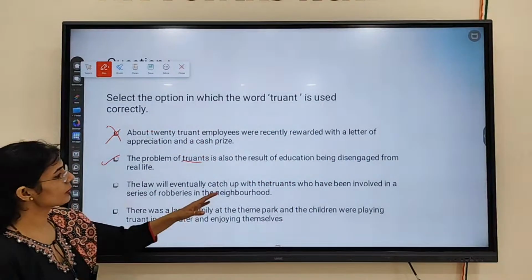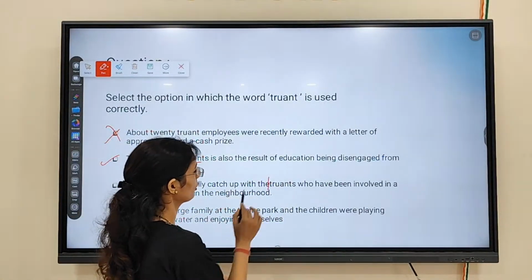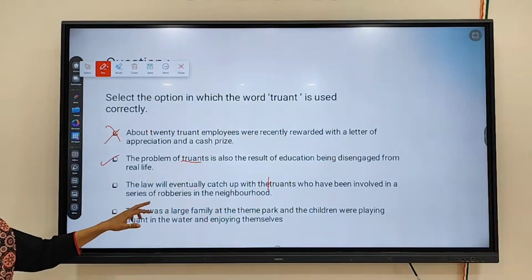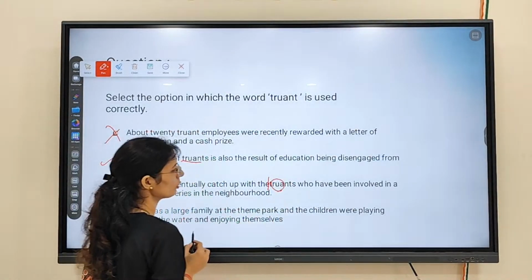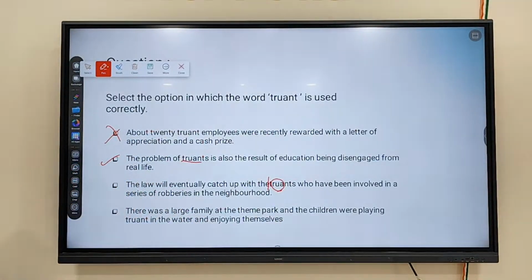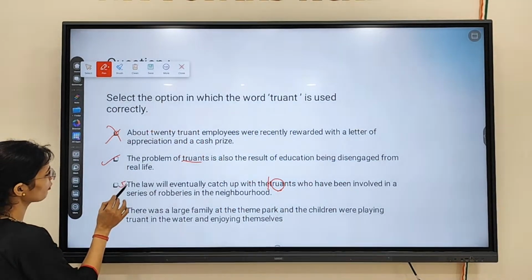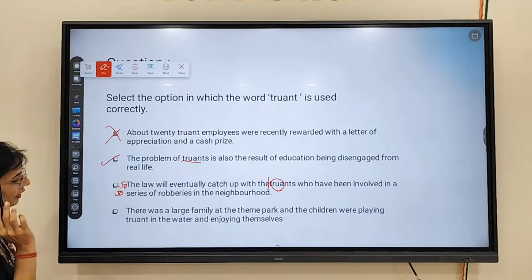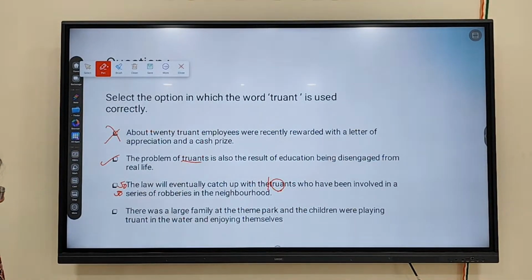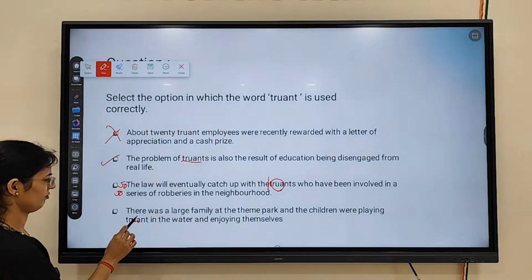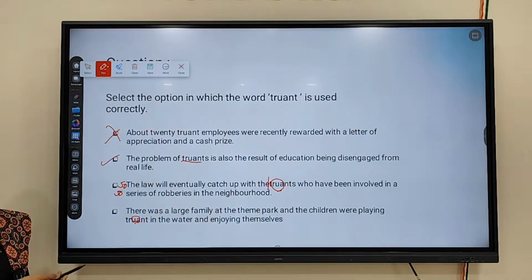The law will eventually catch up with the truants who have been involved in the series of robberies in the neighborhood. Someone who is not going to school doesn't mean they are necessarily into robberies. They can catch up the robbers, right? We think maybe we should see, we can think about it. There is a large family at the theme park and the children are playing truant. Doesn't sound good, right?